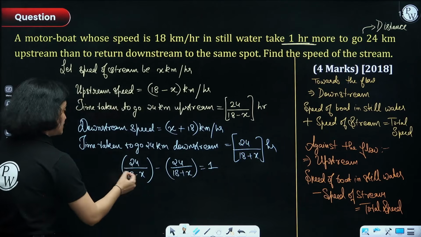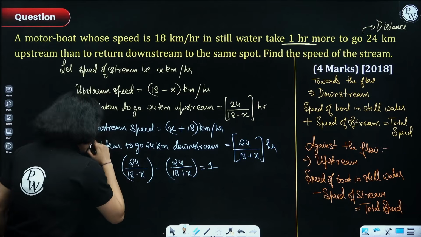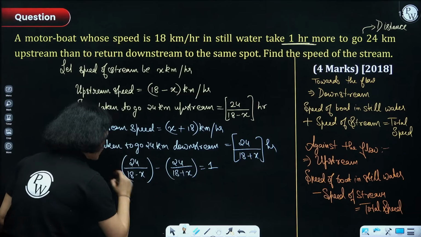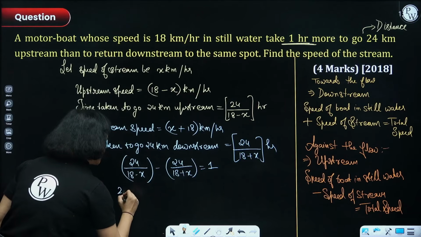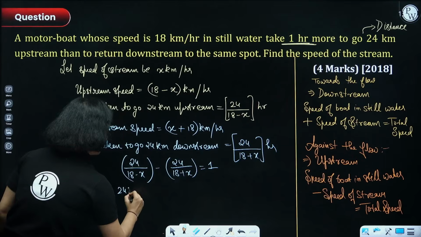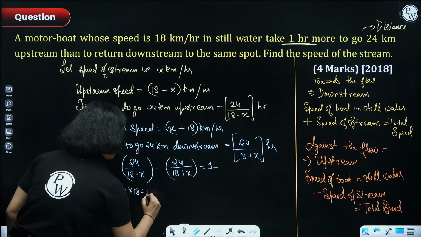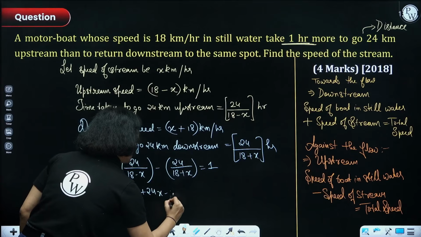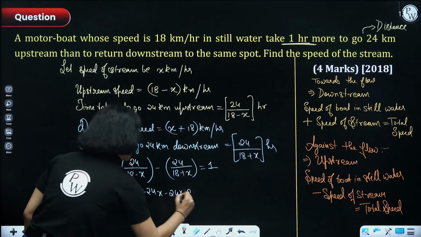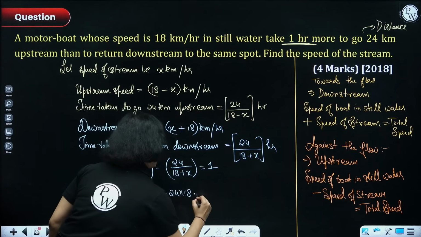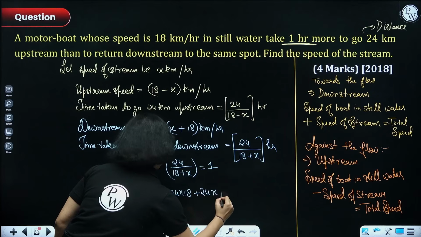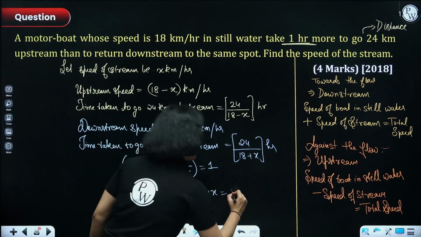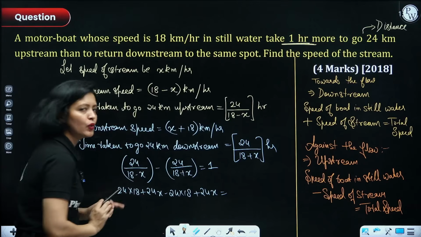Okay? Chalo, let's do it, everyone. Yes. So what do you have? 24 into 18 plus 24x minus 24 into 18 plus 24x is equals to 18 square. See, 18 minus x into 18 plus x, guys.